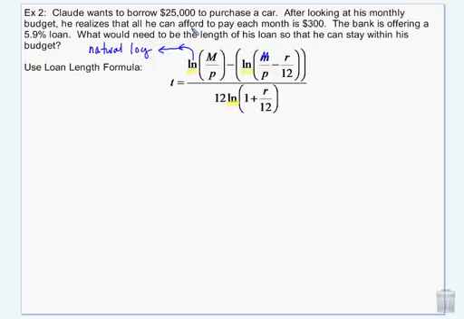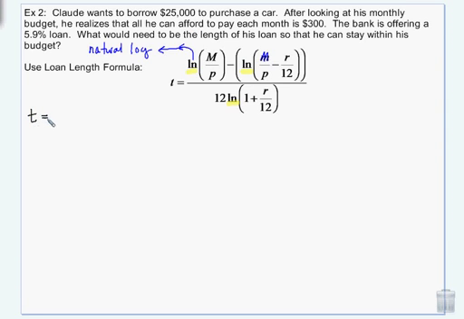So the maximum length on any car loan is going to be 6 years. But this is one of those things where you can say, okay, well, I can afford this much per month. I want this car. Are they going to even finance me? You could say, okay, well, that loan would have to be like 10 years. No, they're not going to. But you could figure out what you could afford. Does that make sense?